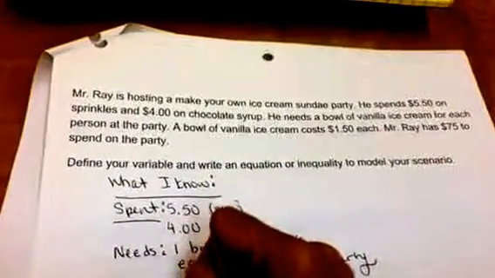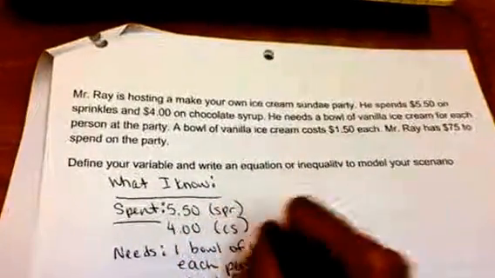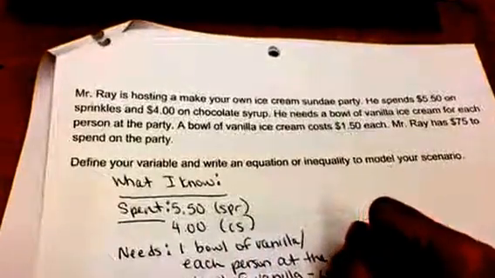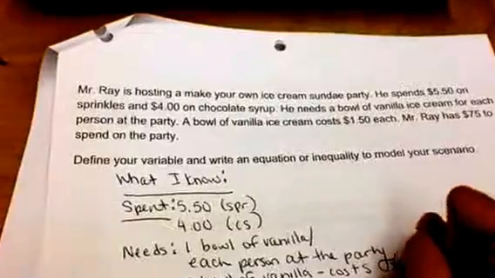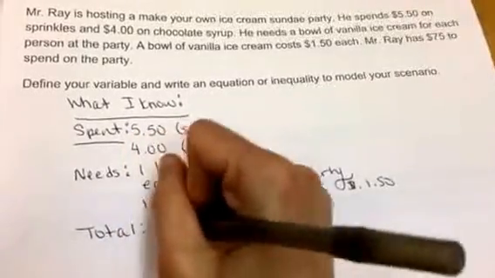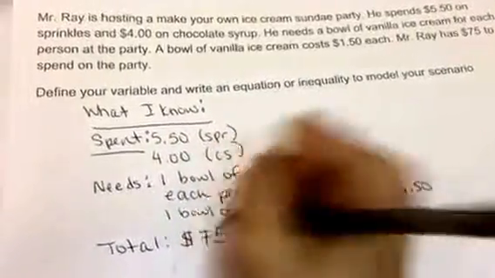I know that 1 bowl of vanilla costs $1.50. And I know that the total amount of money that he has to spend is $75.